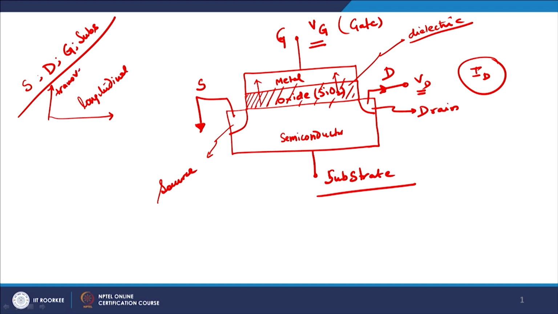This is the typical parlance we follow, or you can call it vertical and horizontal, but in typical device physics we call them longitudinal and transversal. So, perpendicular to the silicon interface is my transversal direction, and this is the longitudinal direction which you see.